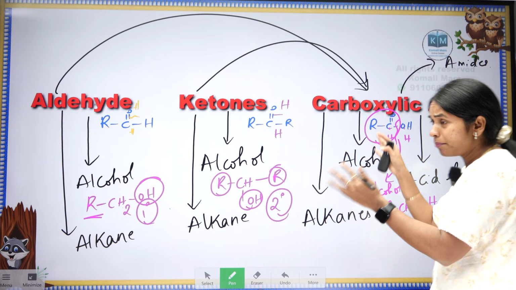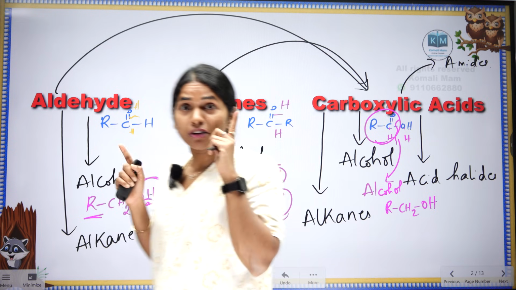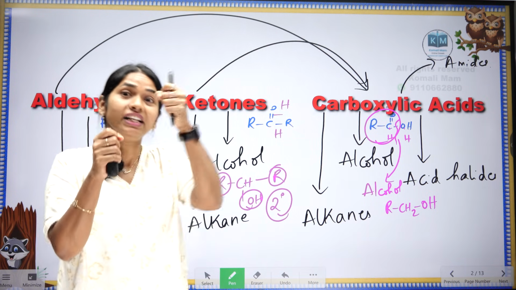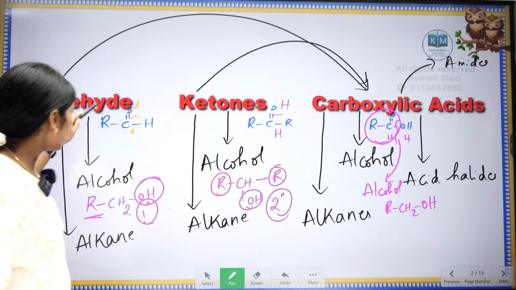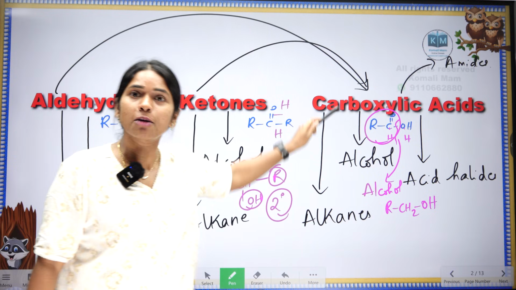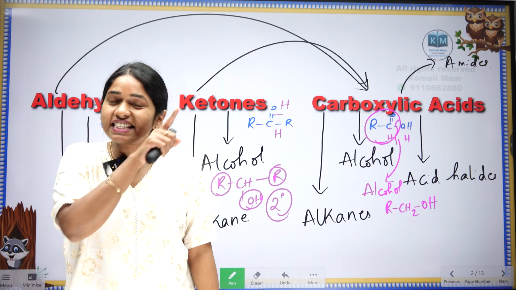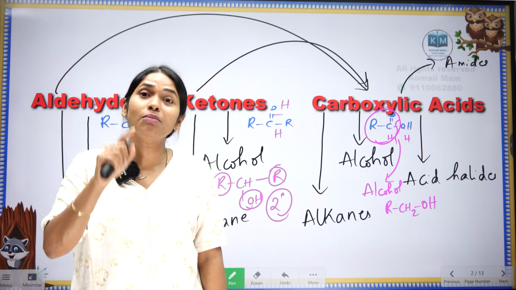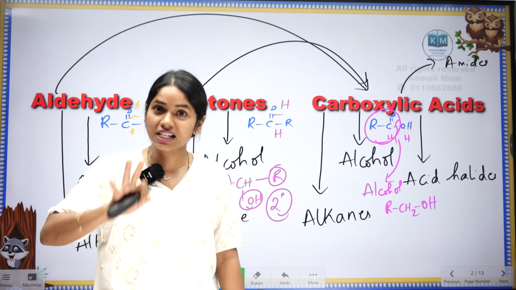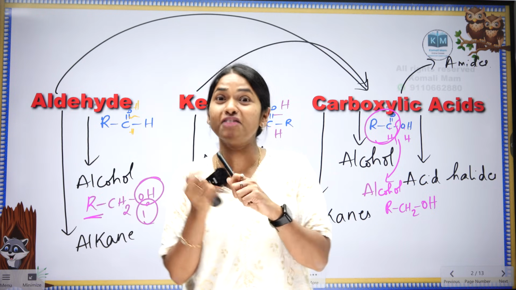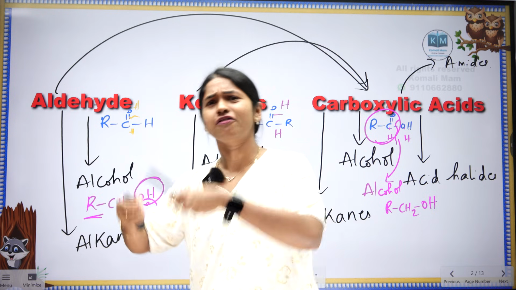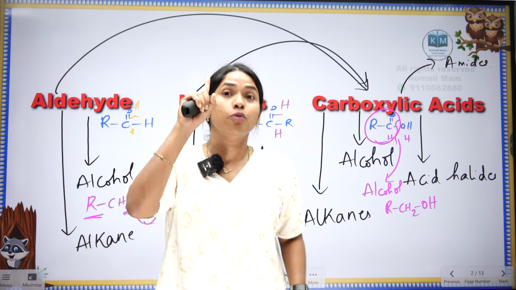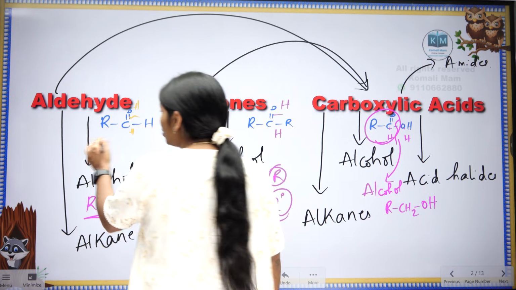Actually, I'm not doing the direct conversion yet. Before that, I'm giving you this knowledge so that you will get a strong grip. Aldehydes to alcohol, ketones to alcohol, carboxylic acid to alcohol: these three are reduction. These are the three most important reducing agents, which you should have in your grip, because these three will come in between conversions.